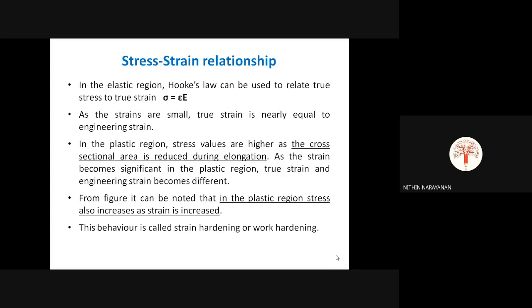From the figure, it can be noted that in the plastic region, stress also increases as strain is increased, and that behavior is called strain hardening or work hardening.